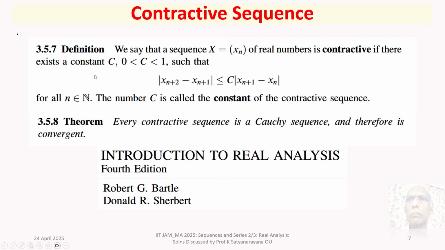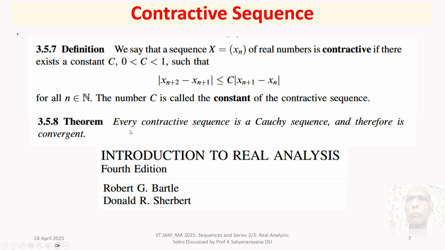The definition is, we say that a sequence xn of real numbers is contractive if there exists a constant c where 0 less than c less than 1 such that modulus of xn plus 2 minus xn plus 1 is less than or equal to c times mod of xn plus 1 minus xn for all n belongs to N. The number c is called the constant of the contractive sequence.